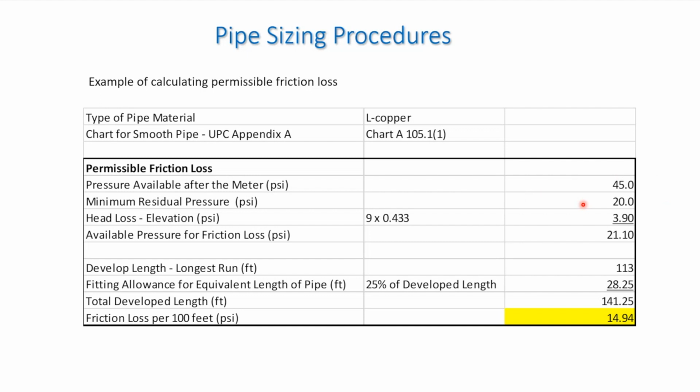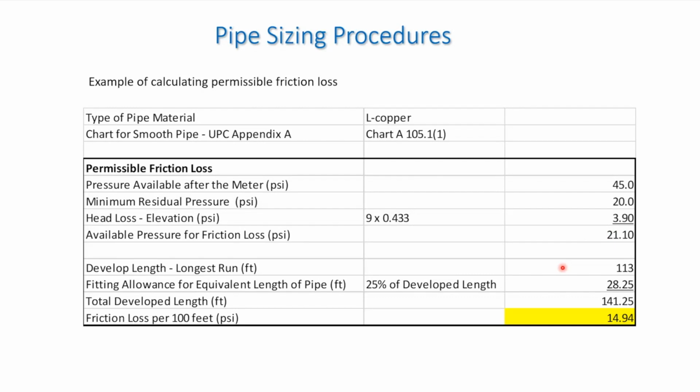What is the minimum residual pressure that you will need in your plumbing system? This will vary depending on the type of fixtures you have and where that minimum residual pressure is needed. Head loss, especially if you have multi-story buildings, you're going to have to factor in your head loss. Then you calculate your available pressure for friction loss.